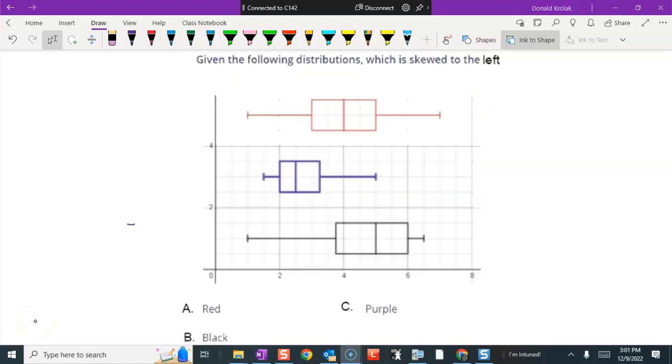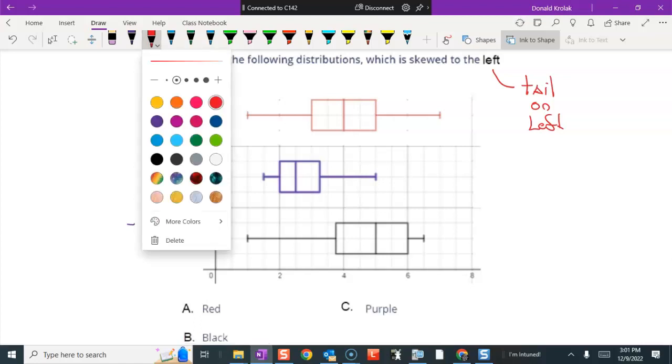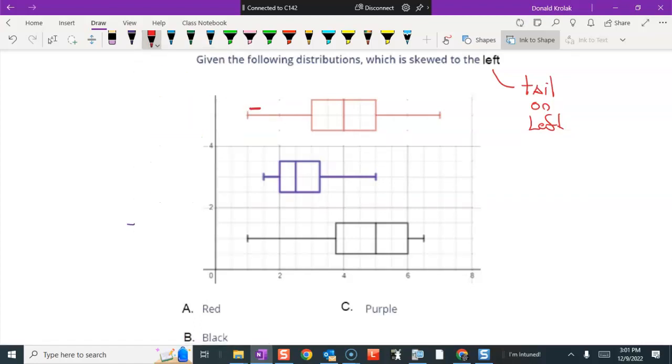Okay, which of the following represents a distribution that is skewed to the left? So we're looking for the tail on the left. This first one, both tails are kind of the same length.